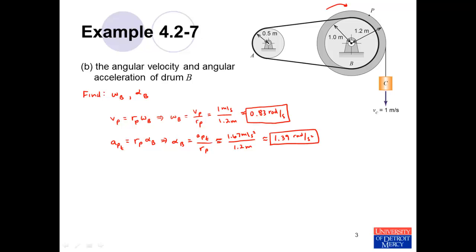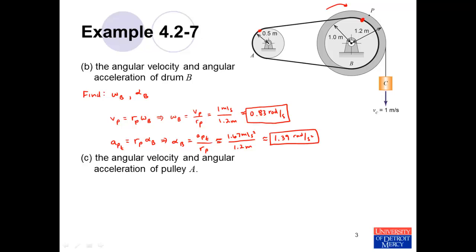The last part of the problem asks for the angular velocity and angular acceleration of the pulley. The fact that this drum is connected to this pulley via a belt, and we'll assume that the belt is not slipping, means that the motion of any one of these points on the belt are constrained to move together.